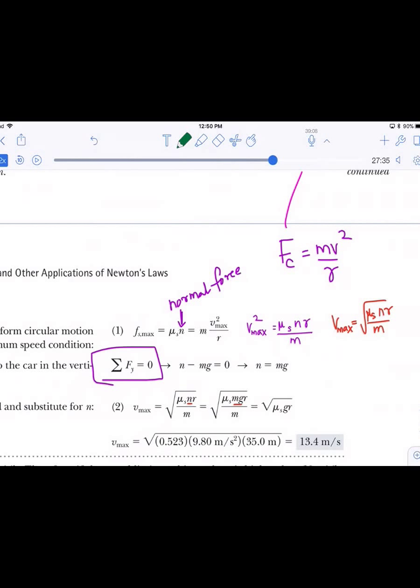You have learned this formula before: friction is equal to coefficient of friction multiplied by normal force, mu n. This acts as the centripetal force, which is equal to mv square over r. We learned this formula yesterday. So we equate friction to mv square over r.